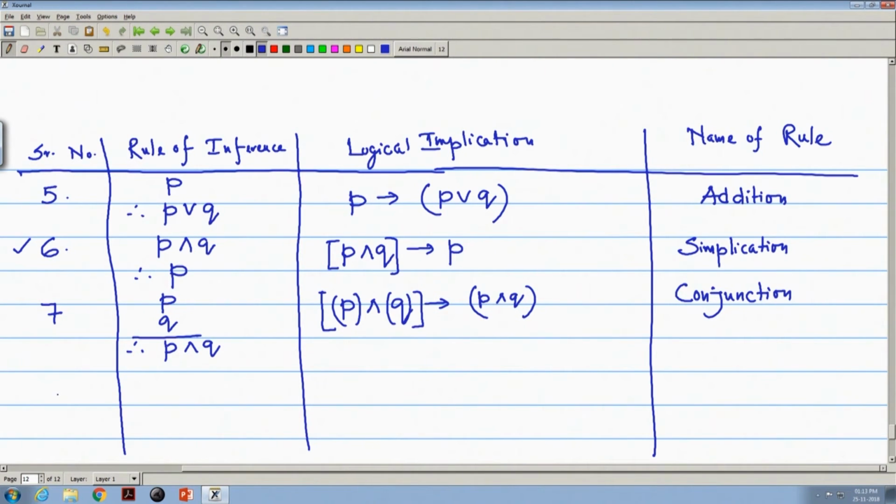This rule is very important. This is called the resolution. To simplify a compound proposition, this rule is very important.